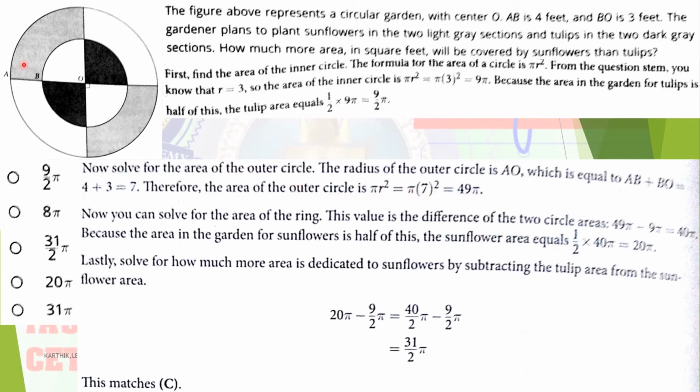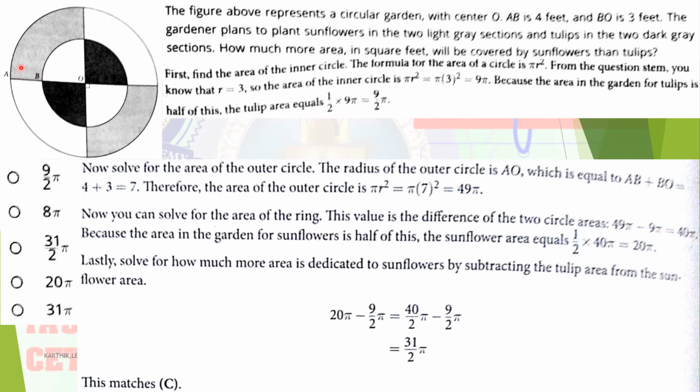Then subtract outside area minus inside area. Outside circle area is 49 pi, inside circle area is 9 pi. So 49 pi minus 9 pi is equal to 40 pi.